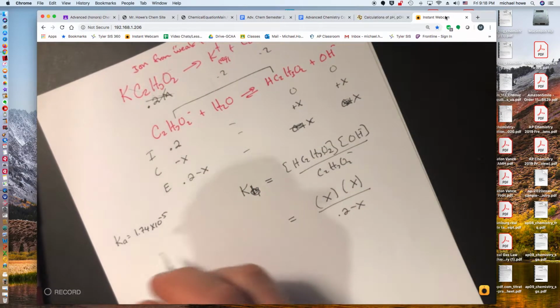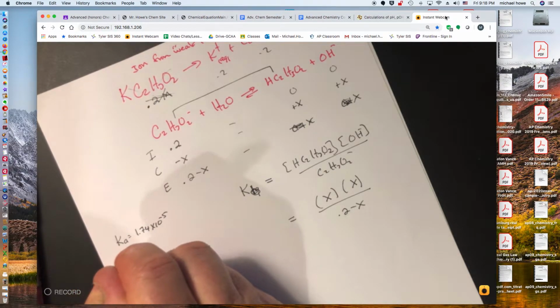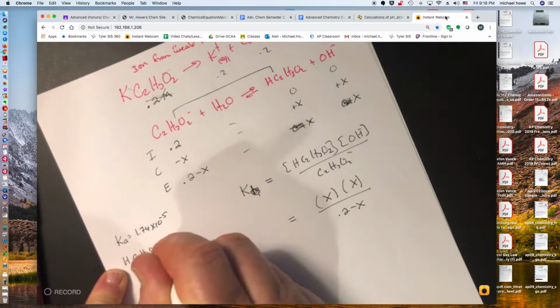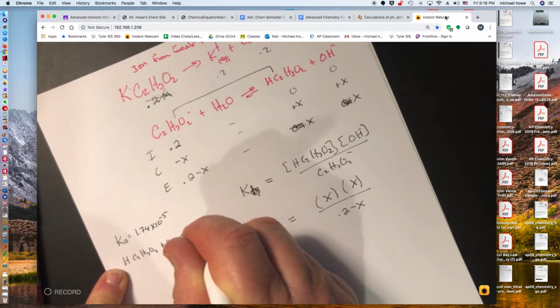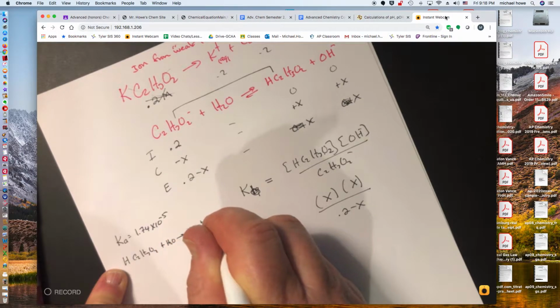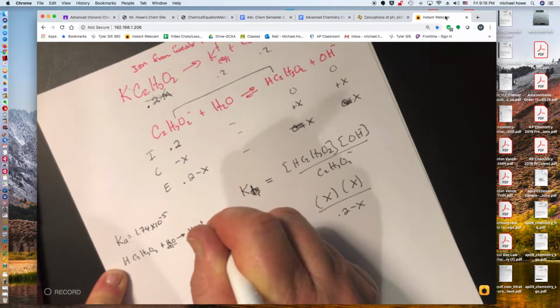All right, so here we go. If I look at the ionization equation for acetic acid, it's HC2H3O2 plus water yields H3O plus, excuse me, not OH minus, plus acetate ion.